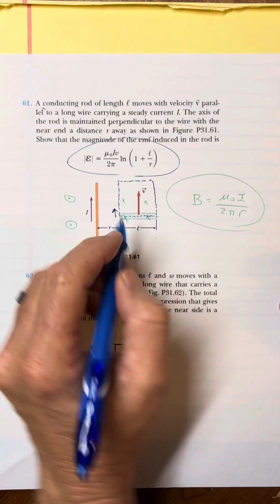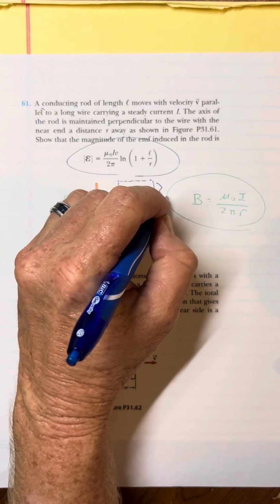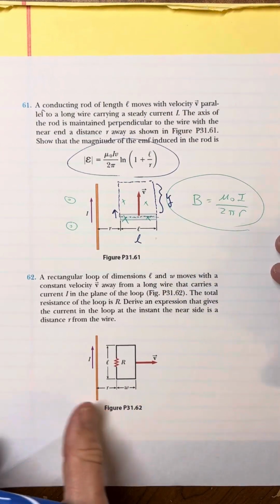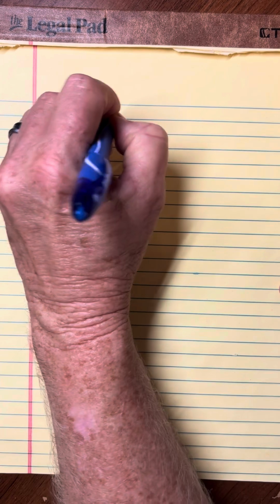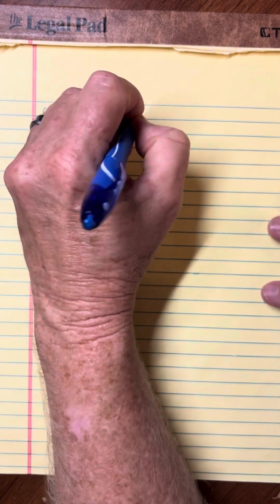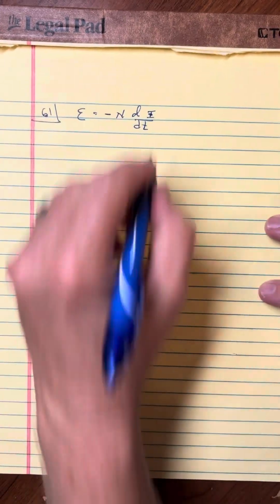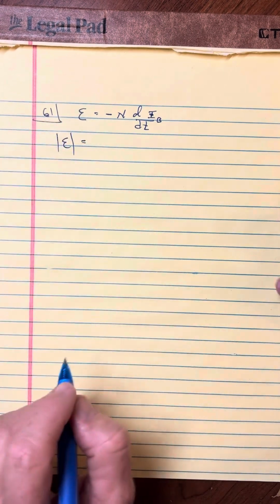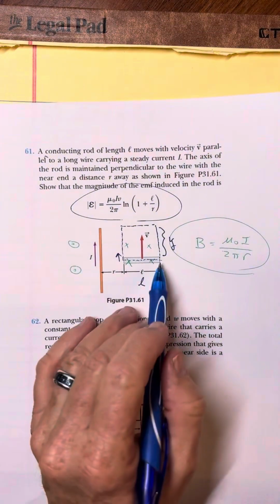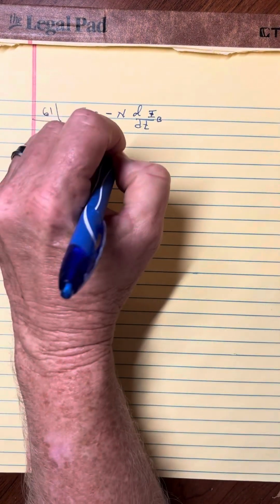So since they're calling the length of the bar L, I'll stick to that. Why don't I call this dimension of my rectangle the y? Because if I begin this problem by saying the EMF is minus N times the derivative of the change in the magnetic flux, and I just drop the negative sign to begin with, and I make a single mathematical loop, then the N is a 1.